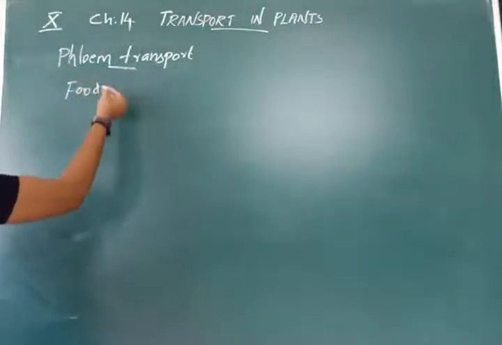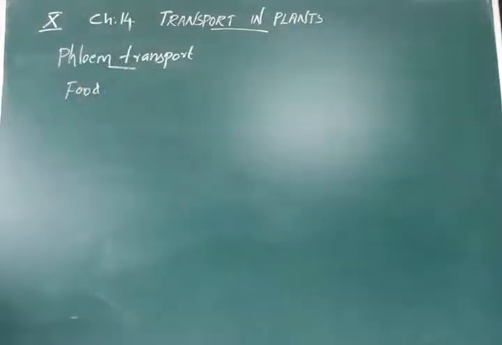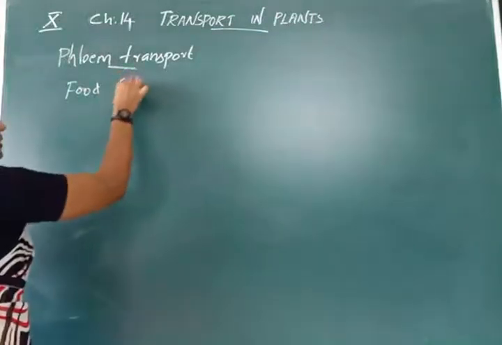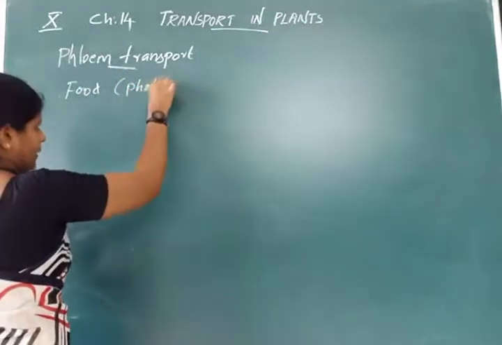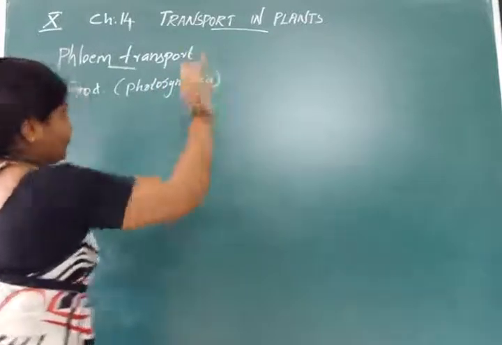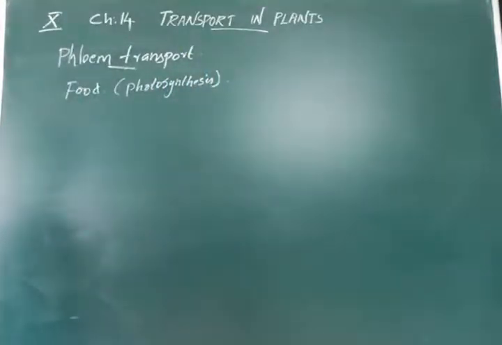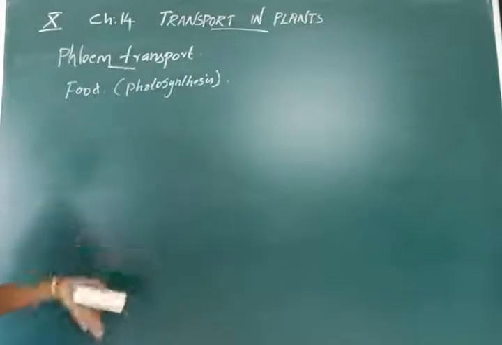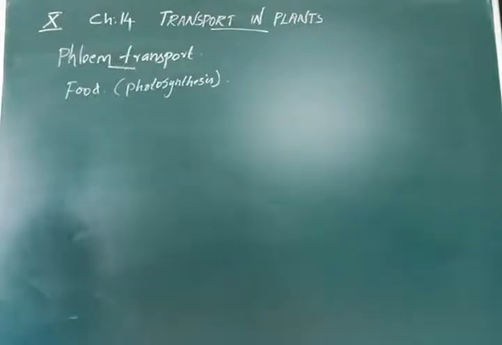Food is transferred through phloem tissues. The food is prepared in leaves as a result of photosynthesis. So the food is transferred through phloem to different parts of the plant body.